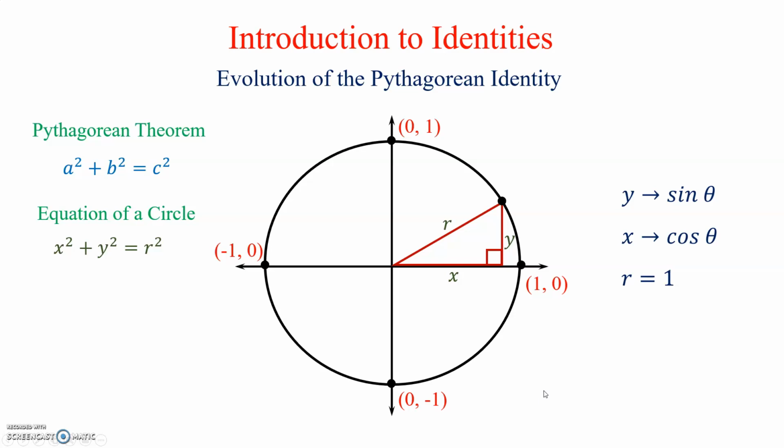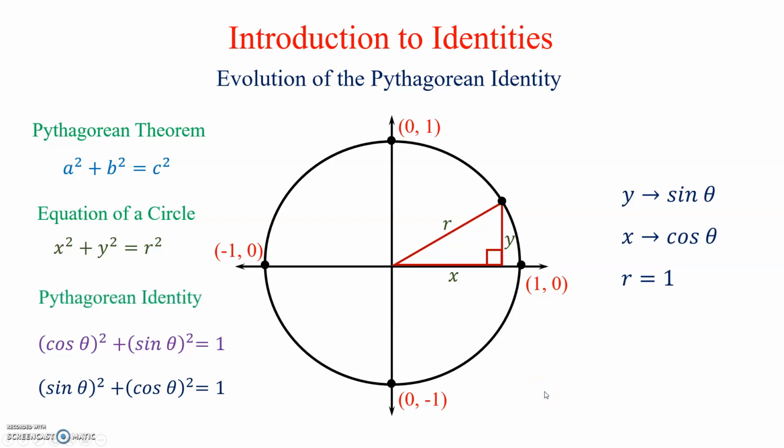And so now we can transition from the equation of a circle. What was x is now cosine. There's the beginnings of our Pythagorean identity. And all we did, if I switch the cosine and sine around, there's the identity we discovered on the previous slide. And this was our Pythagorean identity.